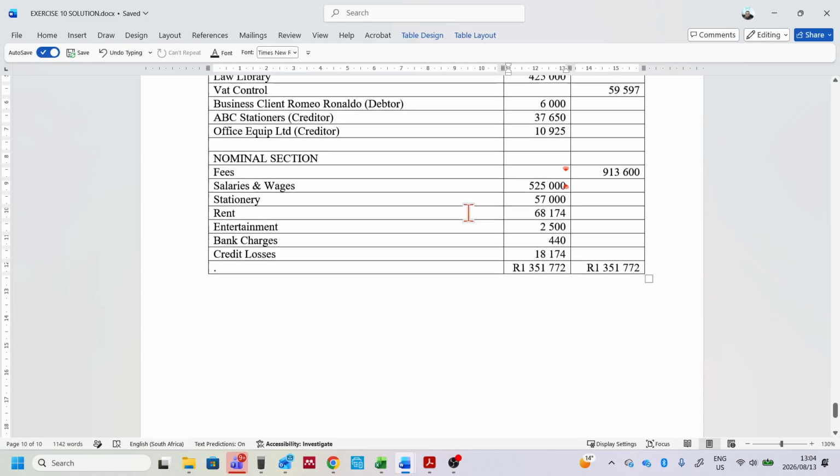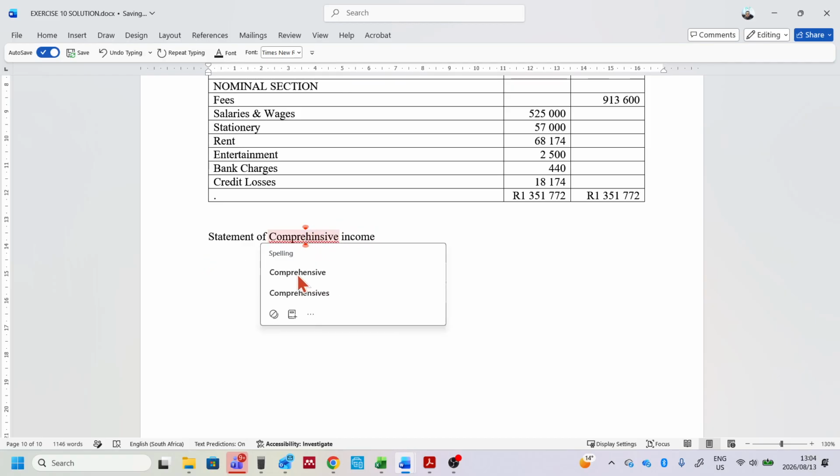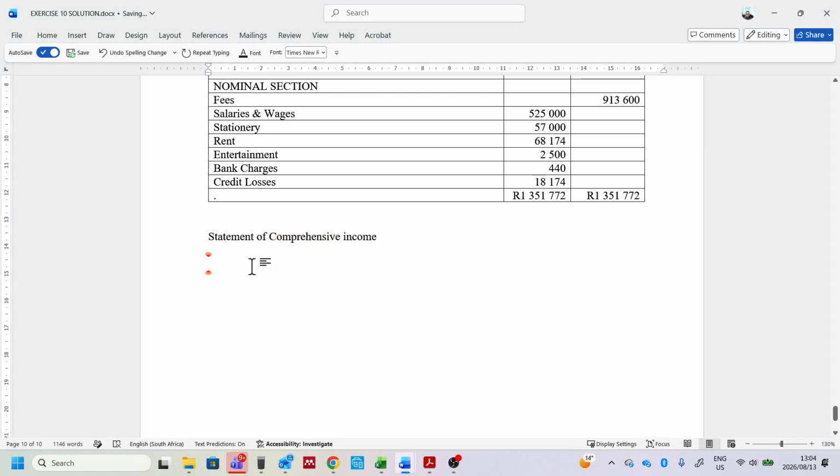So just to close off, they say prepare the statement of comprehensive income. So the statement of comprehensive income, you're gonna say total income, and then what accounts made up your total income?